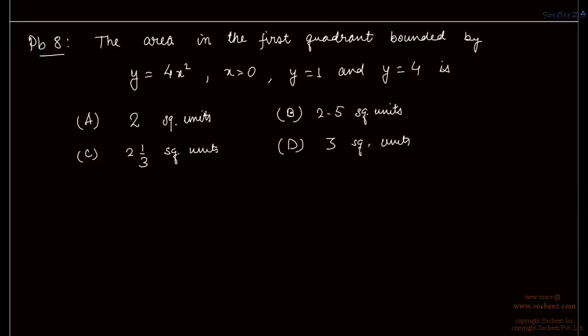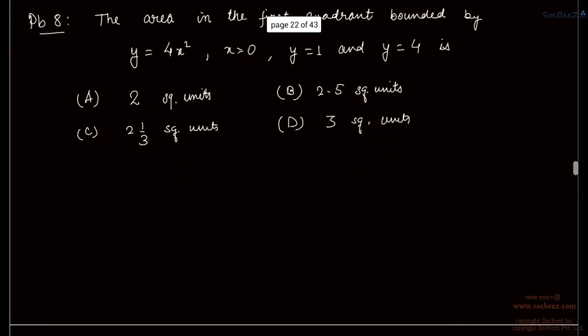Now moving to the next problem. The area in the first quadrant bounded by y is equal to 4x square, x is equal to 0, y is equal to 1 and y is equal to 4. So we have the curve y is equal to 4x square like this. And the line x is equal to 0 is the y-axis itself.